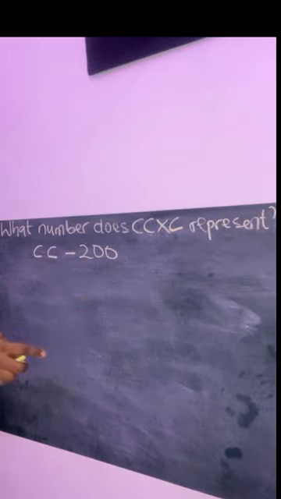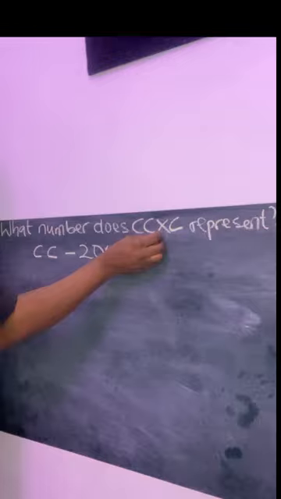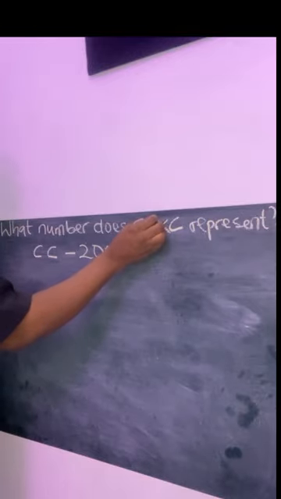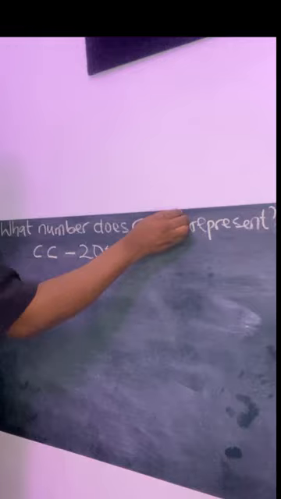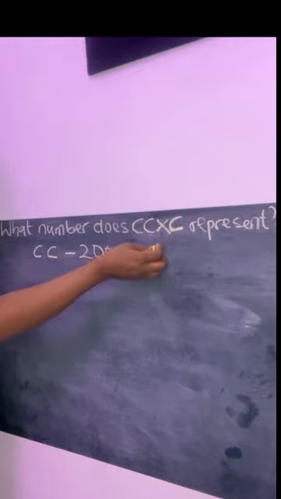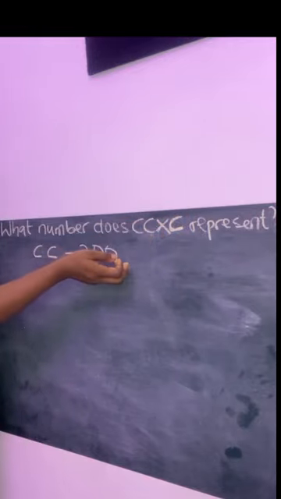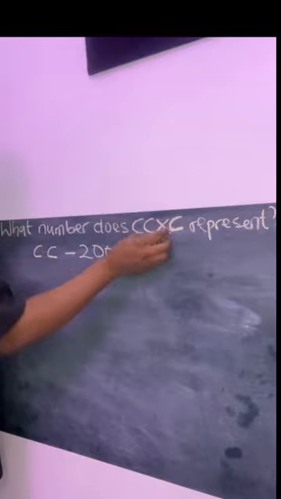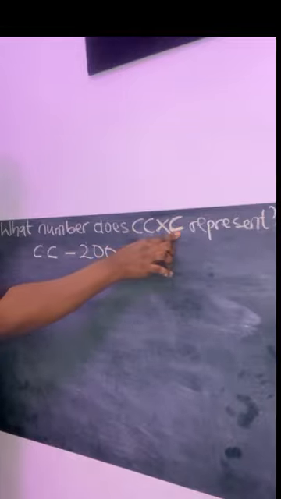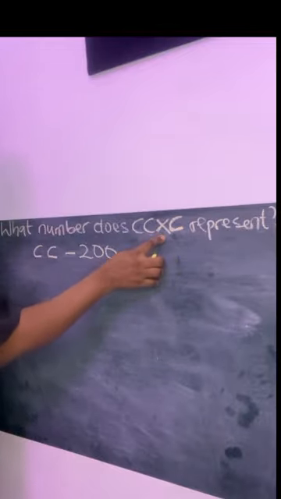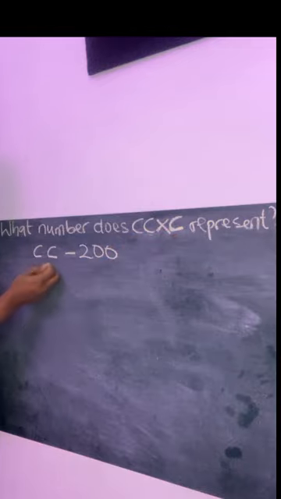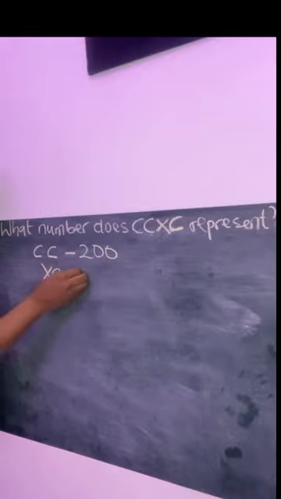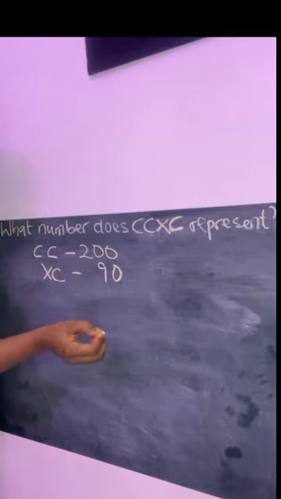Remember I said when there's a letter before a major letter, it means a lower number. For instance, we know our X is 10, our C is 100. So XC indicates 100 minus 10, and that is 90. So we have our XC to be 90.